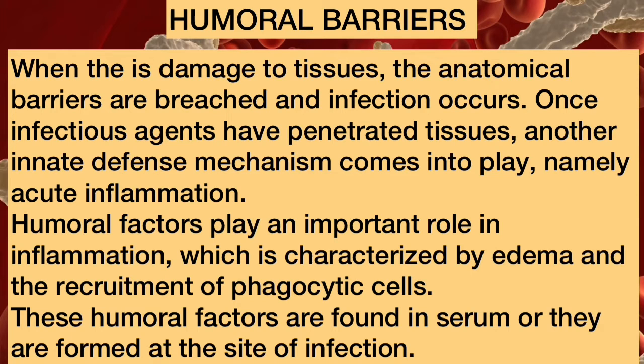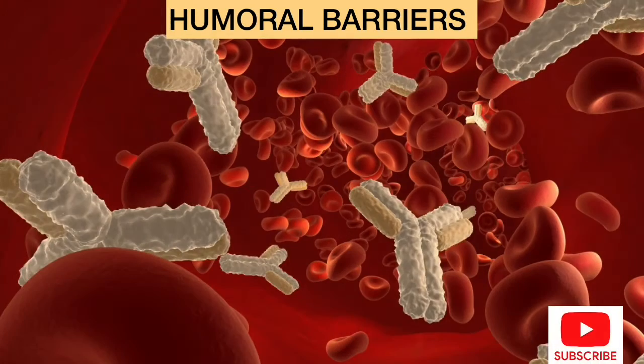Humoral factors play an important role in inflammation, which is characterized by swelling and the recruitment of phagocytic cells. These humoral factors are found in serum, or they are formed at the site of infection. Let's take a look at some of the components that make up the humoral barrier.